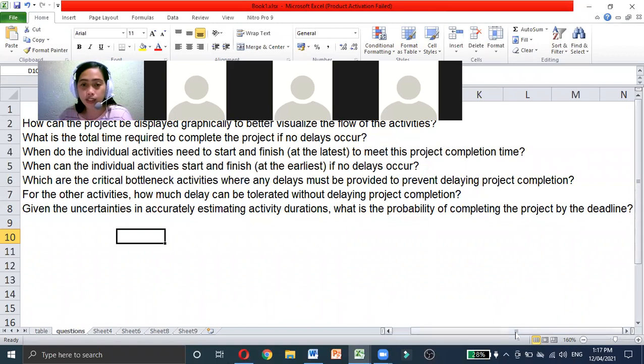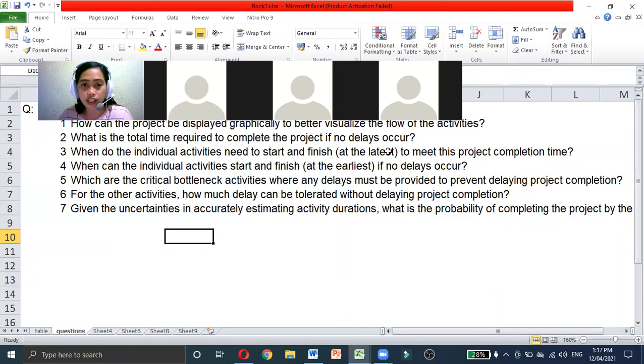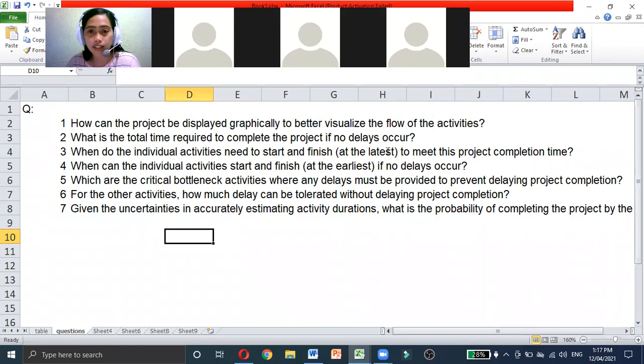Okay, so how are we going to answer our first question? By creating a graphical flow chart.